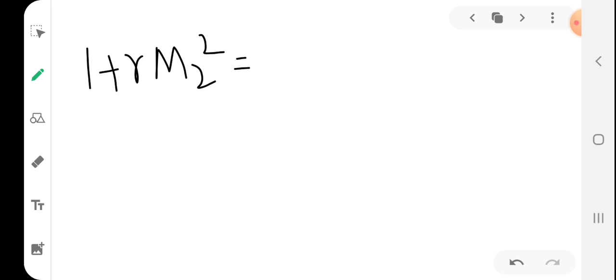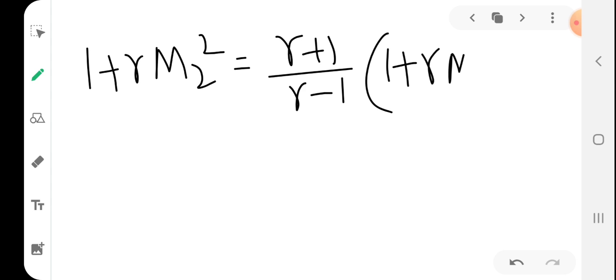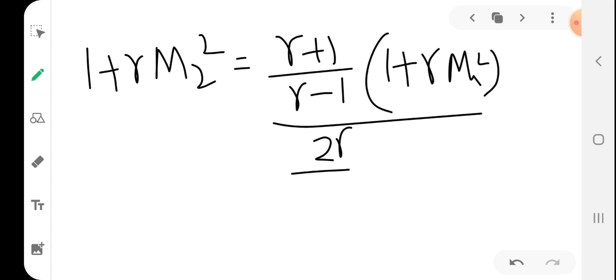Now you just rearrange those equations, and if you simplify it, you will get 1 plus gamma M2 square as gamma plus 1 by gamma minus 1 plus 1 plus gamma M1 square by 2 gamma by gamma minus 1 M1 square minus 1.